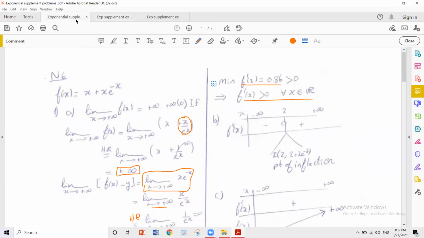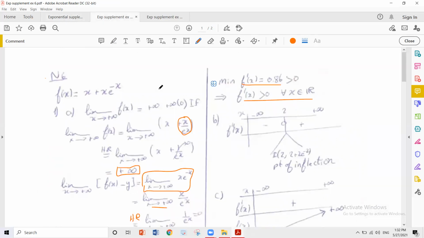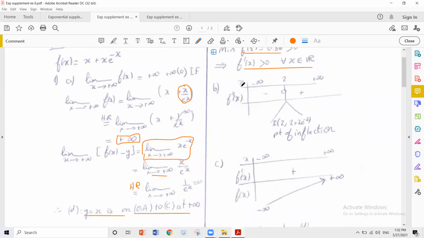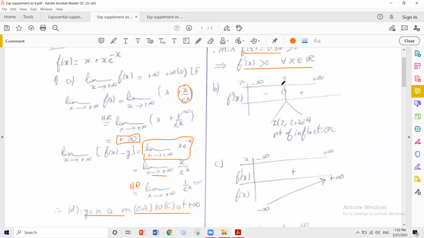Part B: prove that C has an inflection point to be determined. To find the inflection point, the second derivative equals 0. The second derivative is 0 at x = 2, changing sign from negative to positive.